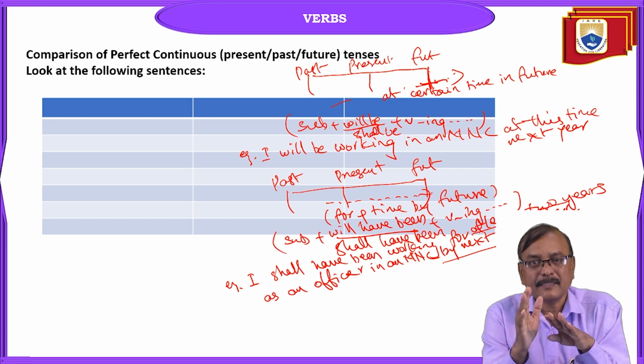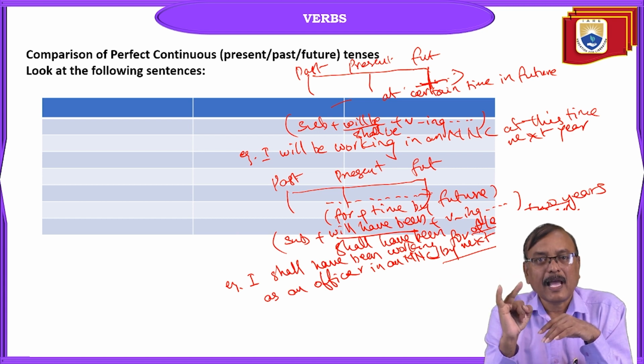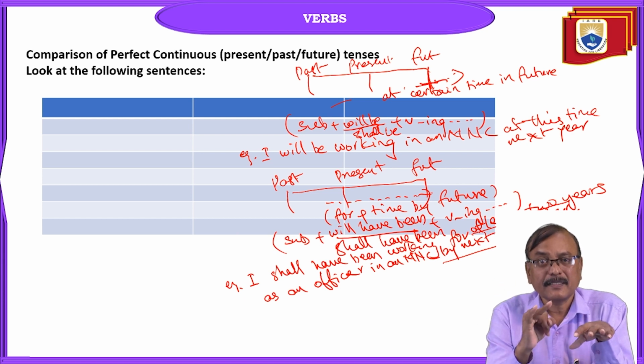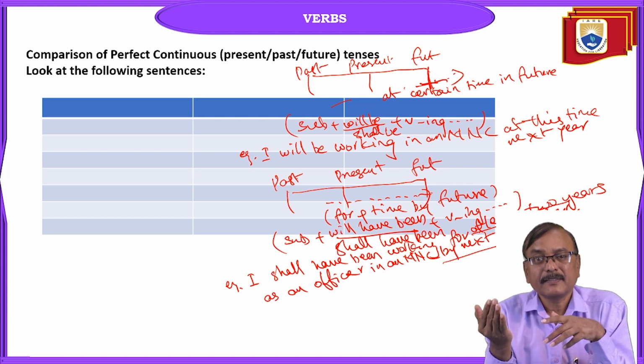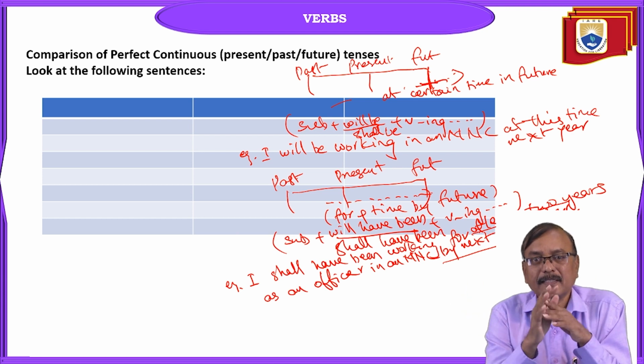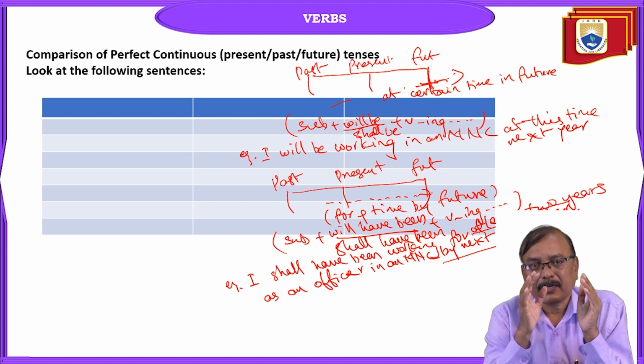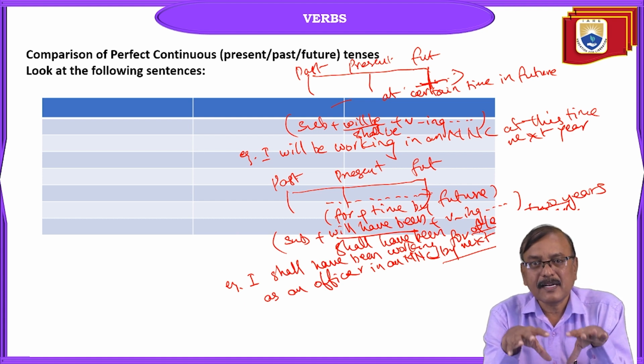If completed actions, if time is given, subject plus V2. If time is not given, just subject plus have or has plus V3. If it is past in past completed action, past perfect. If it is going to be a completed action, right, future perfect. Like that, for completed actions, take that category. For continuous actions, you consider these 6.